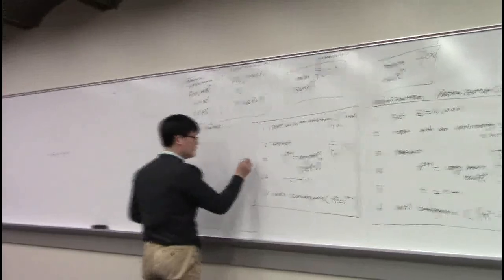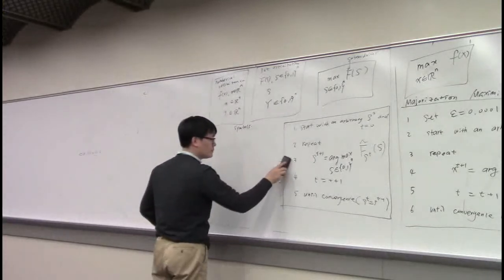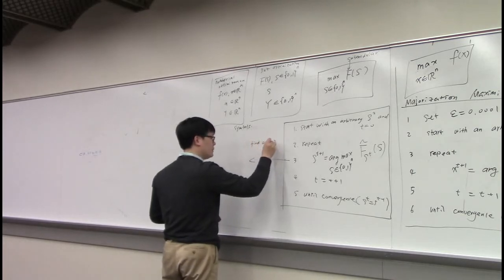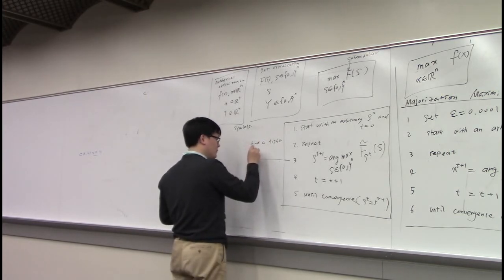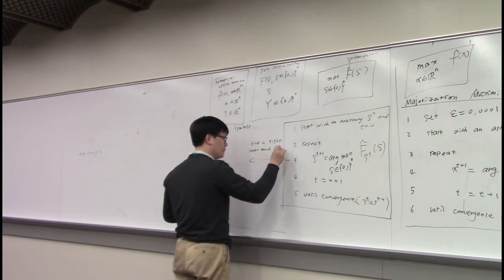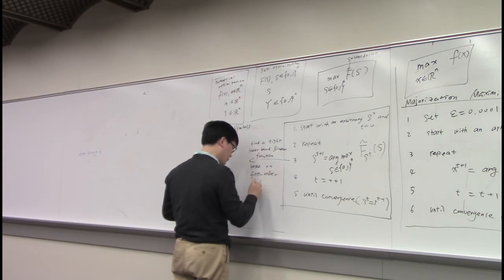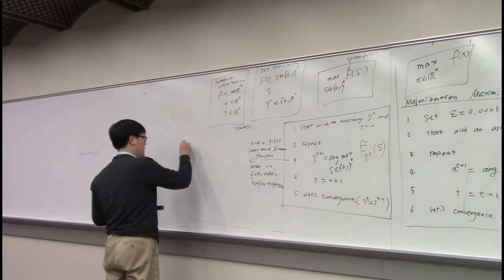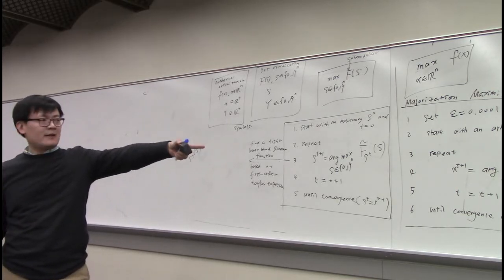That's why here we need to find a tight linear lower bound function based on the first order Taylor expansion, which is F tilde S_t. It's the same: just replace x with S_t, x_t with S_t, and x with S. Let me write it.